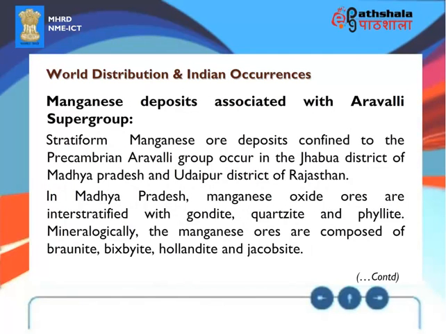Manganese deposits associated with Aravalli Supergroup. Stratiform manganese ore deposits confined to the Precambrian Aravalli Group occur in the Jhabua district of Madhya Pradesh and Udaipur district of Rajasthan. In Madhya Pradesh, manganese oxide ores are interstratified with gondite, quartzite, and phyllite. Mineralogically, the manganese ores are composed of braunite, bixbyite, hollandite, and jacobsite.